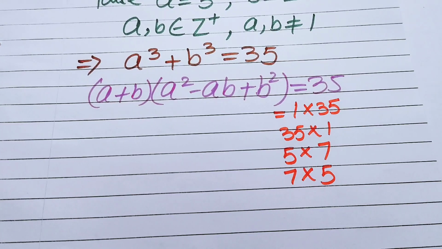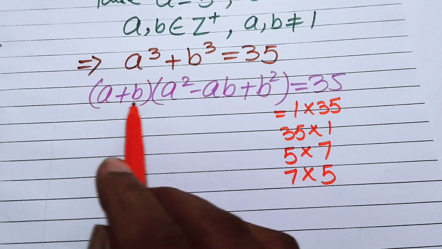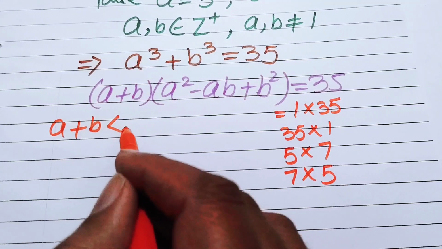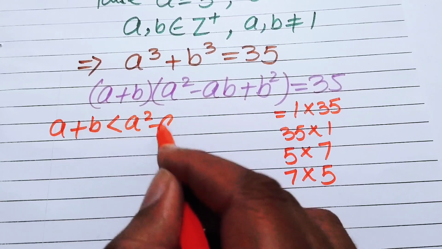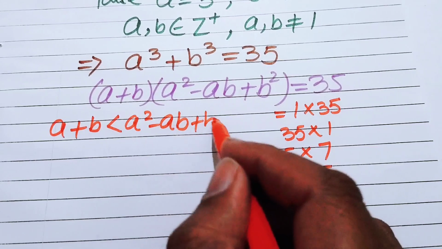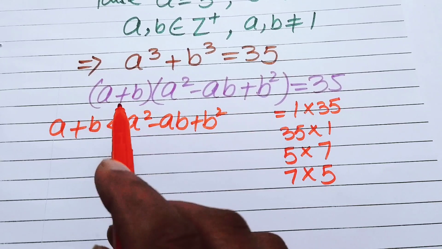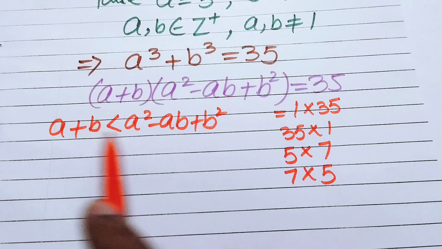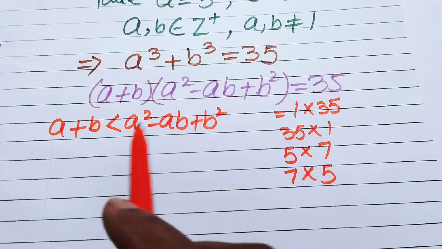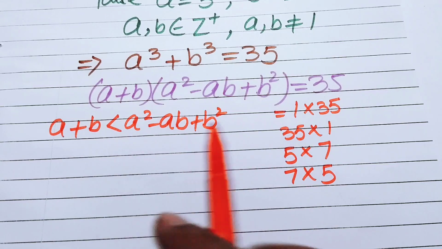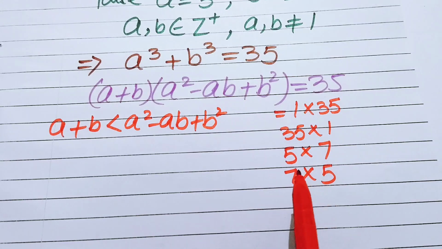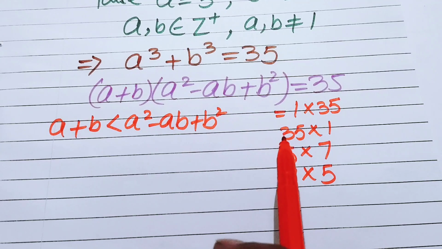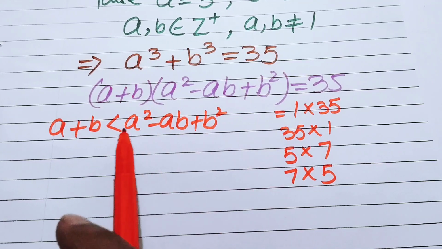So now you focus on the left hand side, and you see that a plus b is less than a squared minus ab plus b squared. So if you make the relation of a plus b and a squared minus ab plus b squared, then you will obtain this one. So now you make the relation of all these pairs, and you equate only those pairs which satisfy this relation.